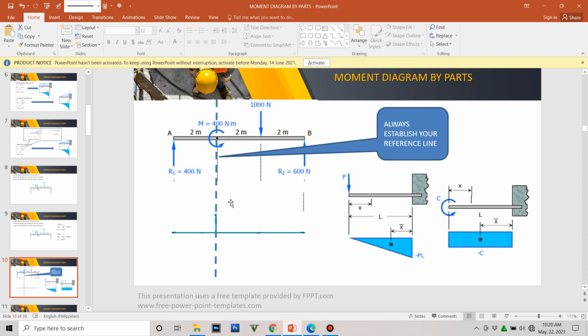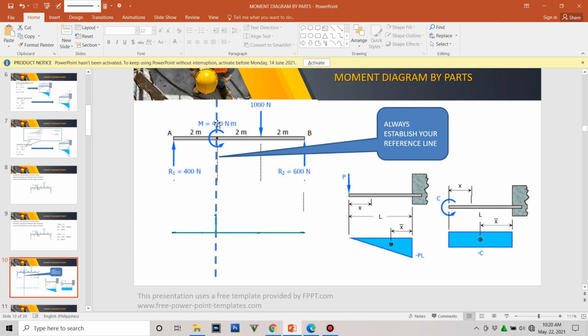So ngayon, remember the formula kapag concentrated load, PL lang yan. At kapag may couple tayo, equivalent to couple, pero investigate mo kung positive ba siya or negative. Pero yung couple natin dito, mawawala na. Bakit? Kasi tapat na niya na yung reference line niya.